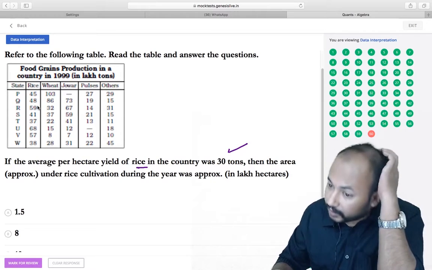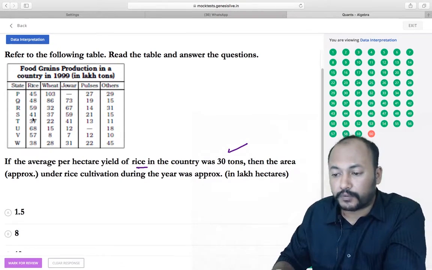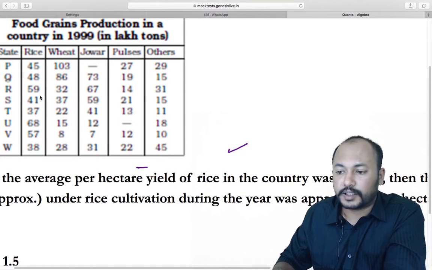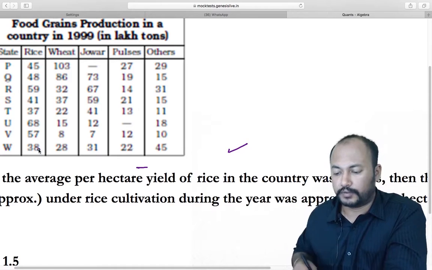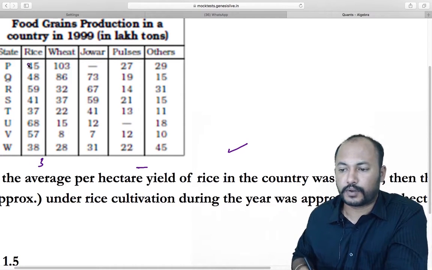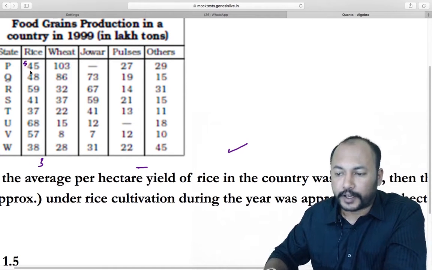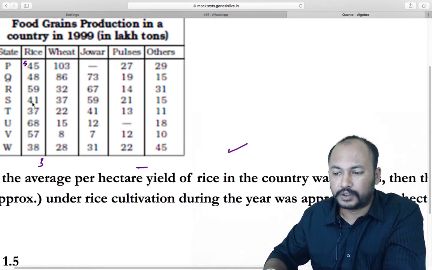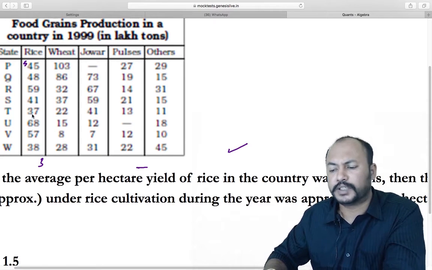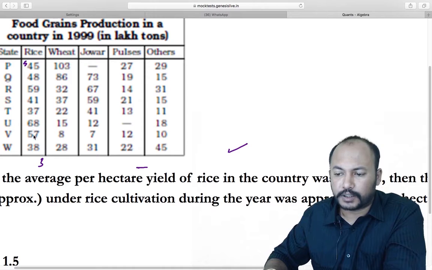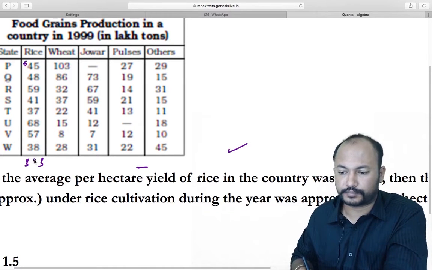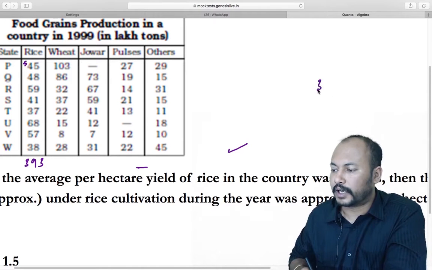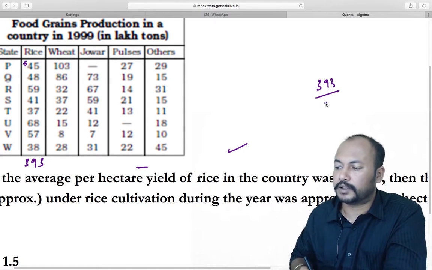45 plus 48, instead of that, let's go with our conventional method. So 5 plus 8, 13, plus 9, 22, 23, 30, 38, 45, and then 53. 5 plus 4, 9, plus 4, 13, 18, 22, 22 plus 3, 25, plus 6, 31, 31 plus 5, 36, plus 3, 39. 393 divided by 30.